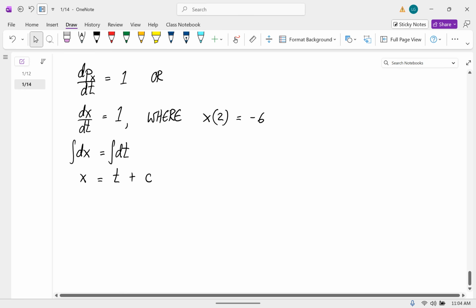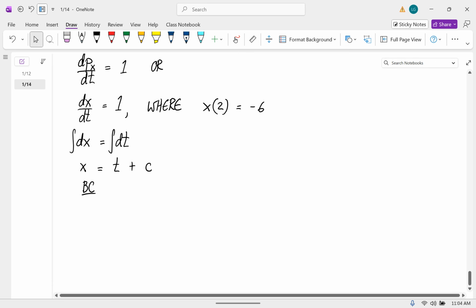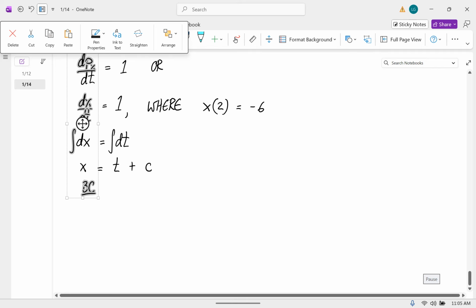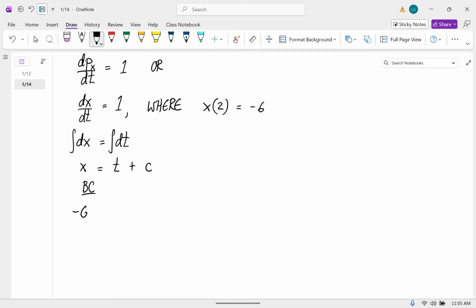Then we use the boundary condition: plug in 2 for t, you get -6 for x. So -6 is equal to 2 plus c, so c is equal to -8. Now we update our function, and we get that x as a function of time is equal to t minus 8.